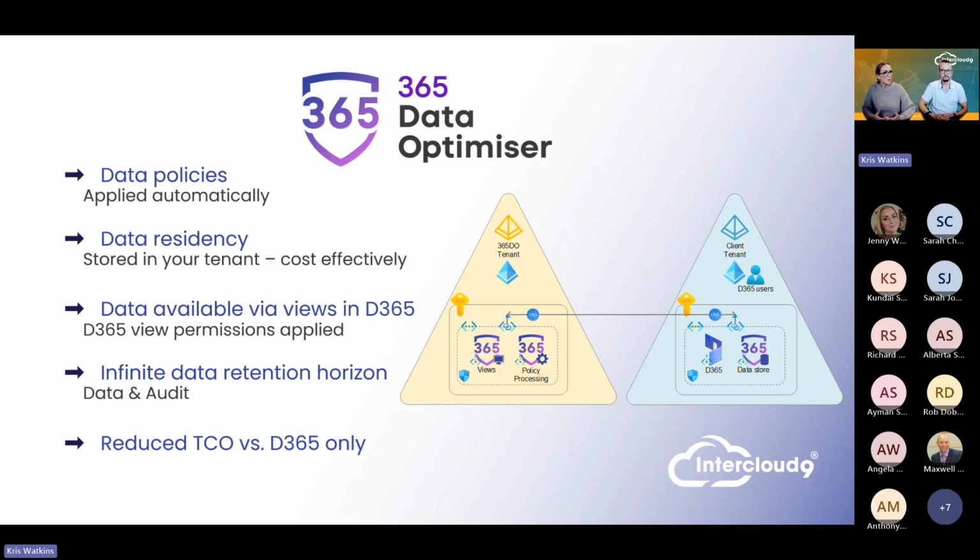So talk us through then the key features of the Data Optimizer platform. The Data Optimizer uses data policies to define and automate the movement of data. That data stays within the client's Microsoft tenant. So we tick the data residency box, and we do that more cost effectively than it would be to store that data directly in Dynamics.